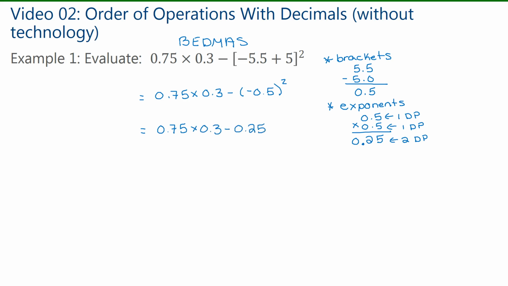So I have 2 operations left now, multiplication and subtraction. According to our BEDMAS, we will do the multiplication step next, where we multiply 0.75 by 0.3.